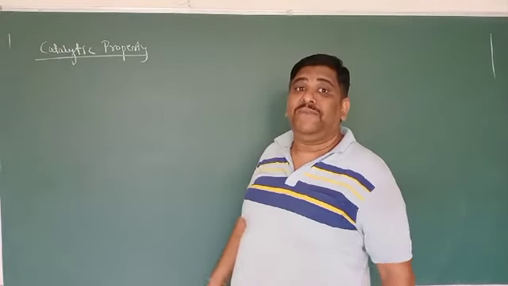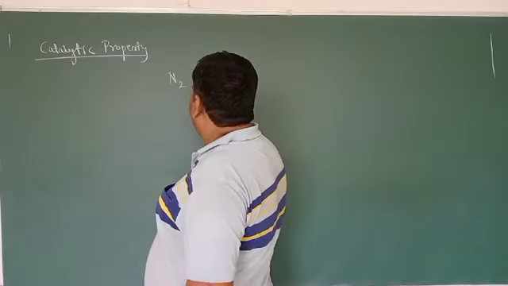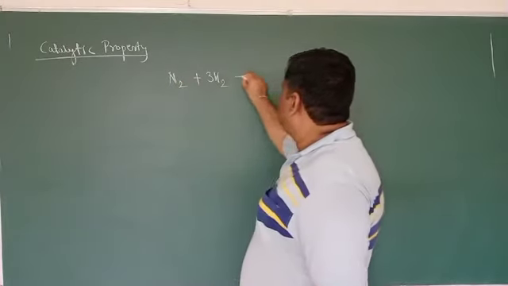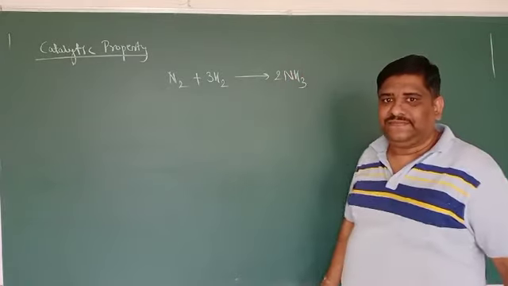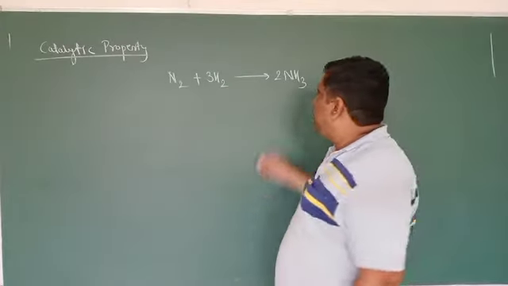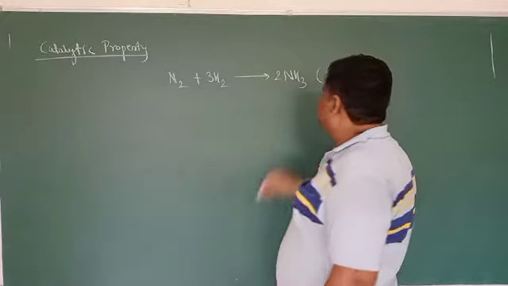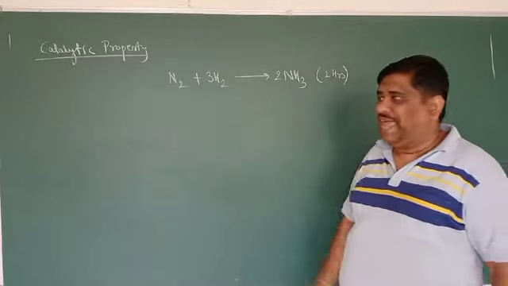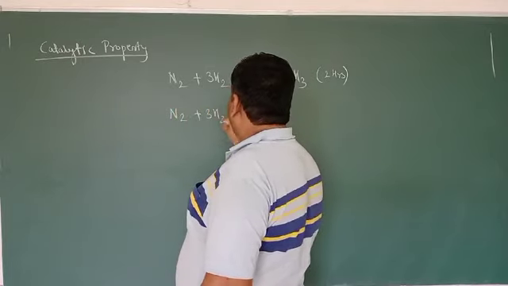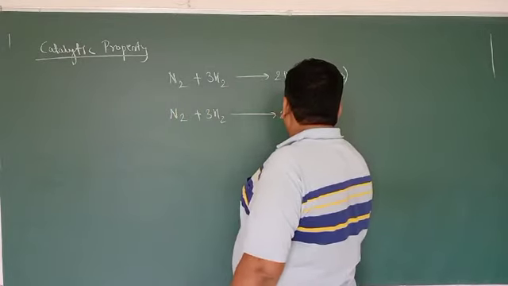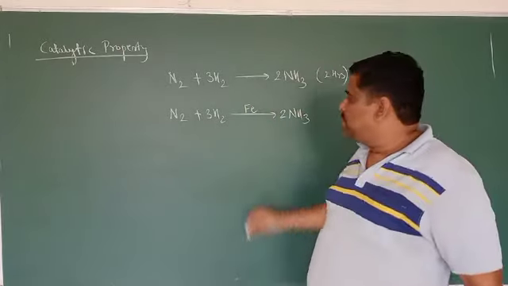Do you know what we mean by a catalyst? When you take the reaction N2 plus 3H2, it gives 2NH3. Suppose this reaction requires 2 hours to complete. But the same reaction, N2 plus 3H2 giving 2NH3, is conducted in the presence of iron as a catalyst.